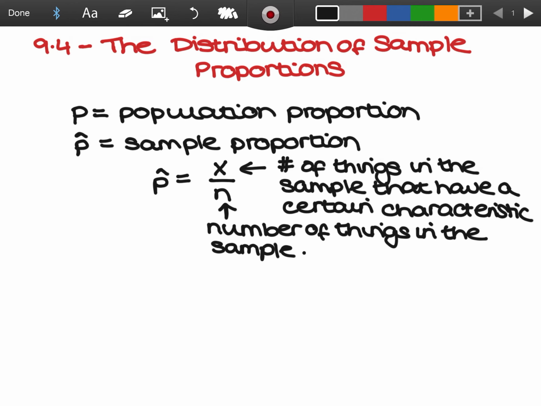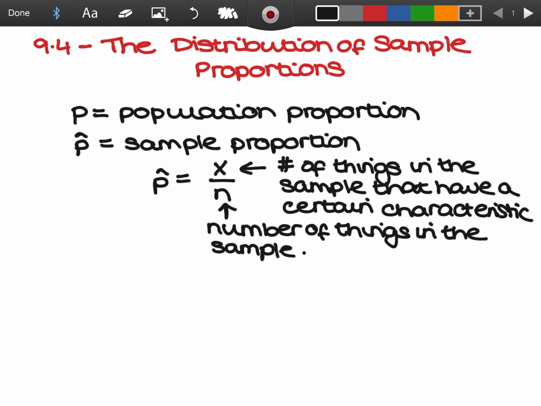So that would give me a sample proportion, the proportion of people or things that have a particular characteristic out of the N things or people that I start with in my sample. As I said, as long as you take a representative sample, you should be able to use P hat to estimate P. That's the whole point of taking a representative sample.